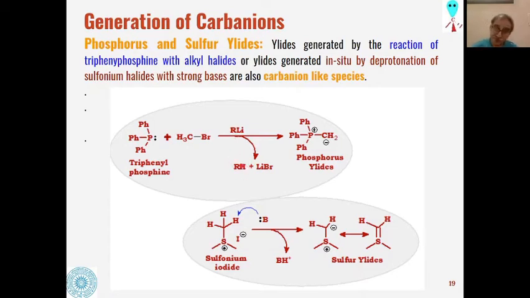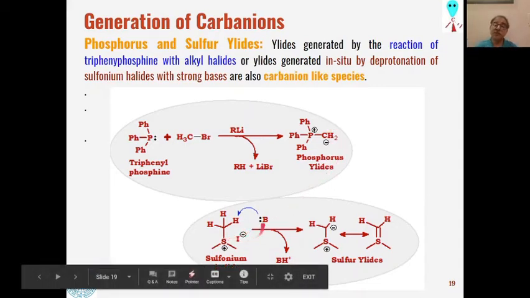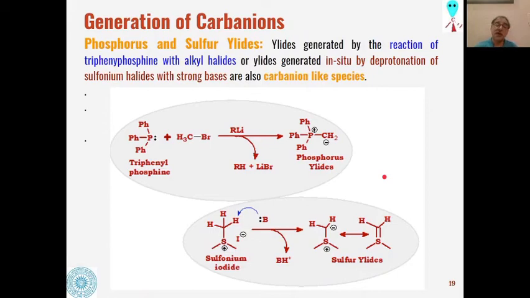These types of molecules are called phosphorus ylides, and you can see over here the carbon is having the negative charge, so this is acting as a carbanion. Similarly, in the case of sulfur, these sulfonium halides, sulfonium iodide in this case, will react with base.